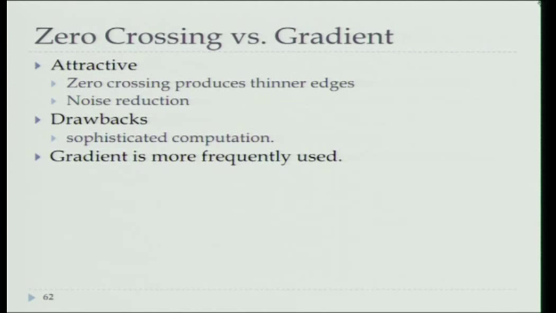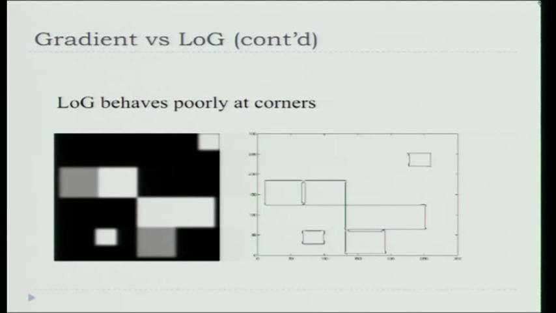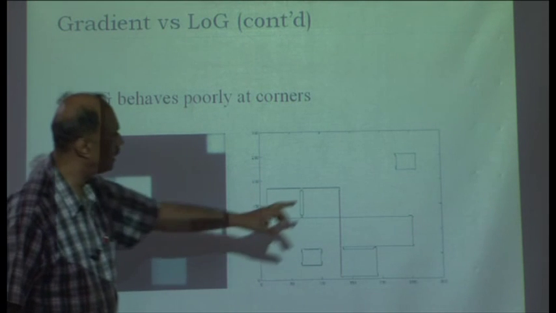Zero crossing gives you thinner edges, because you are taking the center point. It reduces noise, but it takes time because a lot of computation is involved, and in reality we use the gradient method. This is an example where LOG behaves poorly in the corner. See these corner effects.